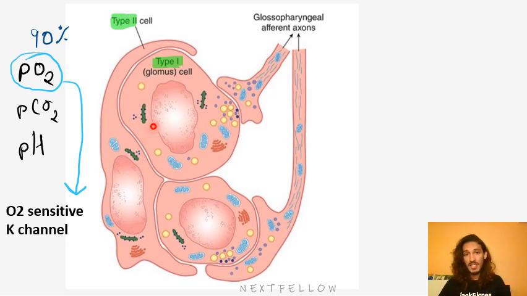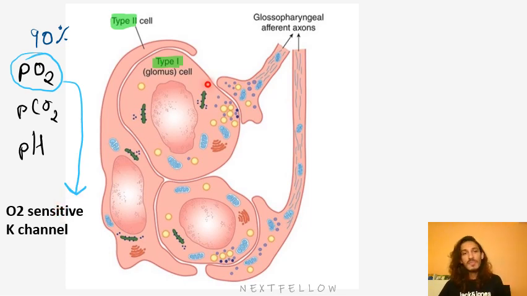Intracellular potassium is much higher. So these channels are oxygen sensitive. When the PO2 falls less than 90%, then these oxygen sensitive potassium channels start shutting down. So when they are no longer active, more potassium builds up inside, more positive ions inside, means the threshold is reached, and ultimately there will be depolarization.